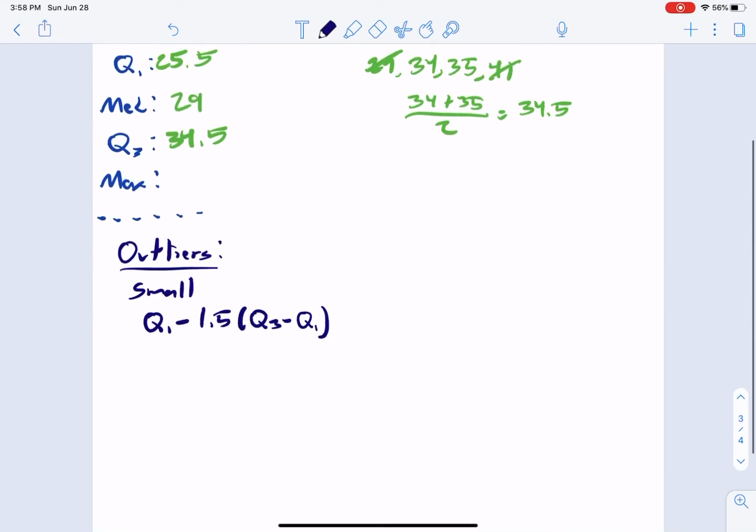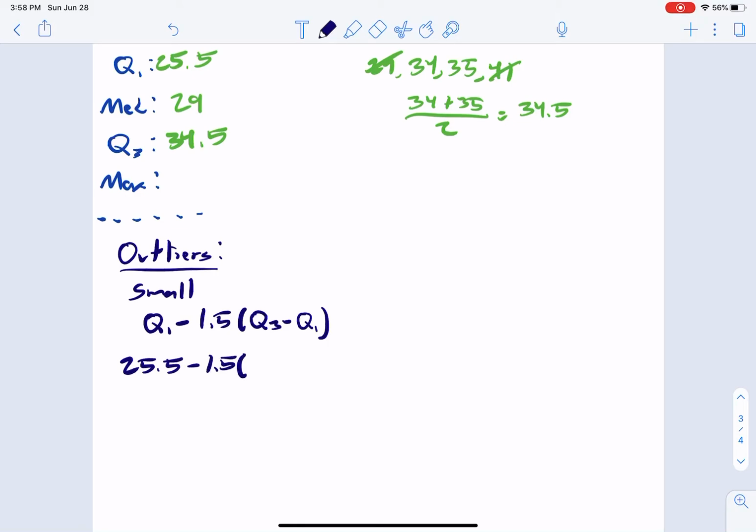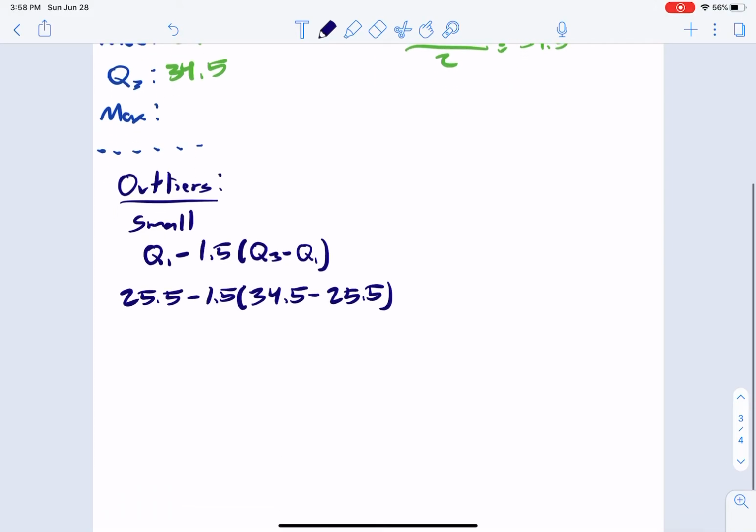So that's going to be 25.5 minus 1.5 times, and then 34.5 minus 25.5. A lot of 0.5s here. So what we want to do is just plug and chug that into the old calculator. 34.5 minus 25.5. All right, that's 9.